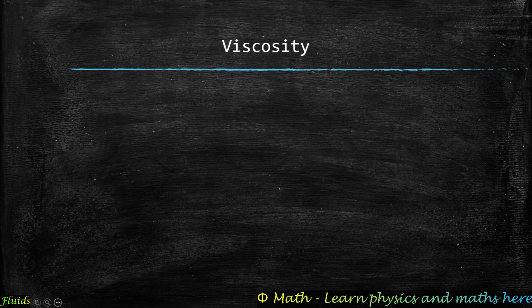So for an ideal fluid, in this case an ideal fluid is a fluid which has steady flow and no kind of friction. Well, we can say viscosity as a type of fluid friction.